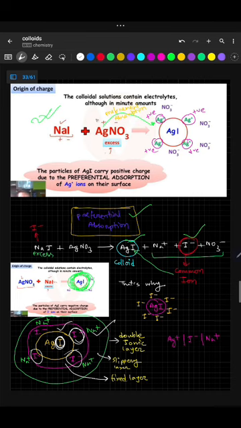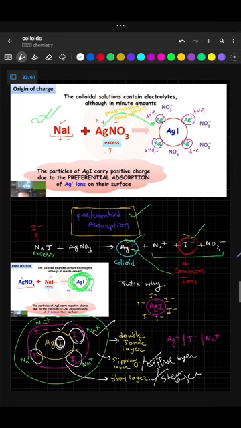This is known as the electrical double layer. Here the outer layer is known as the slipping layer, and the inner layer which is fixed is known as the fixed layer. It is also, sorry for the inconvenience, known as the Stern layer, and the outer one is known as the diffuse layer.